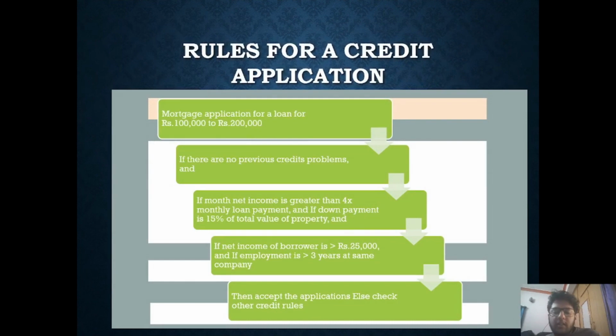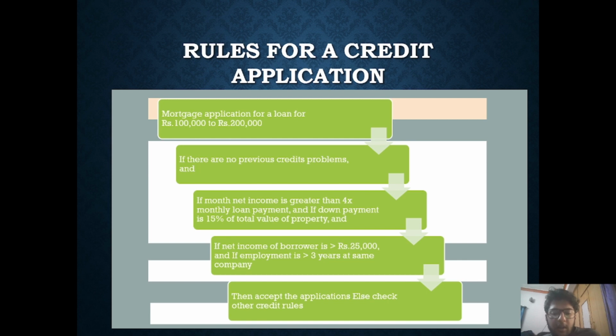So let us just see an application wherein we have a mortgage application for a loan, that is for 100,000 rupees, and 100,000 to 200,000 rupees. So that's 1 lakh to 2 lakh. And if there are no previous credit problems, and if the monthly net income is greater than 4 times the monthly loan payment, and if the down payment is 15% of the total value of the property.